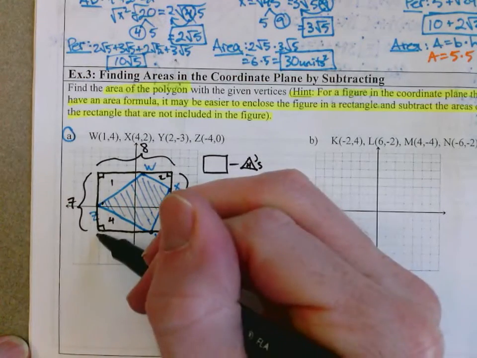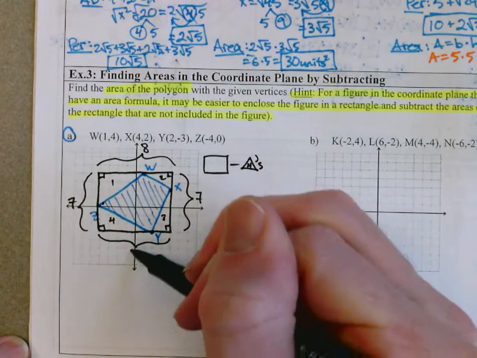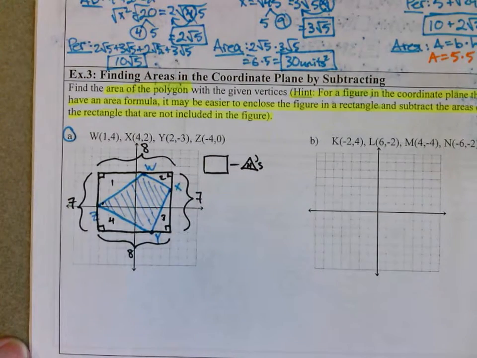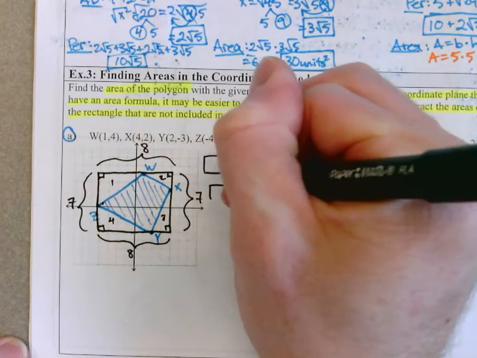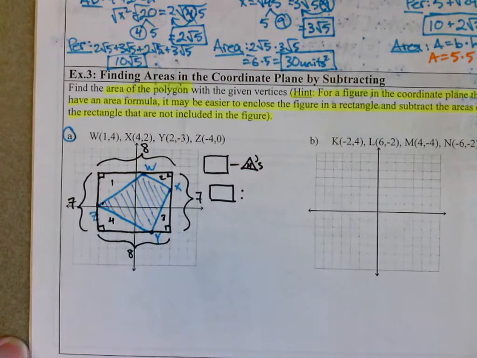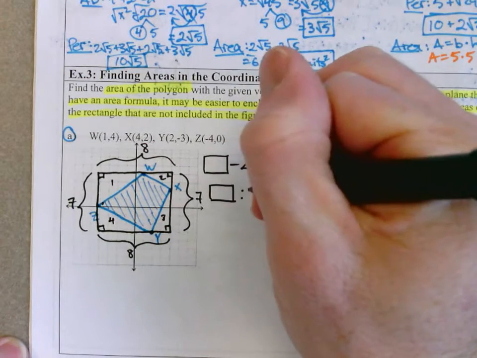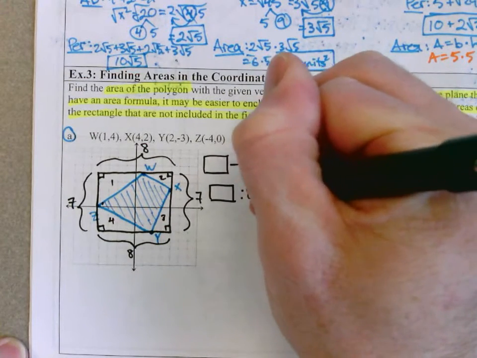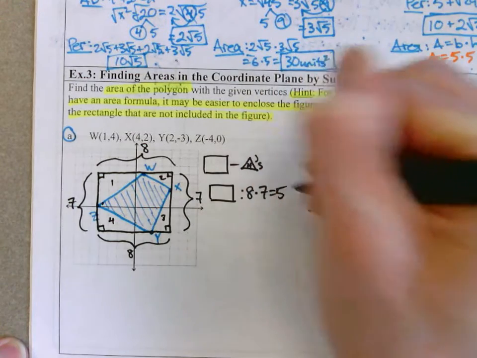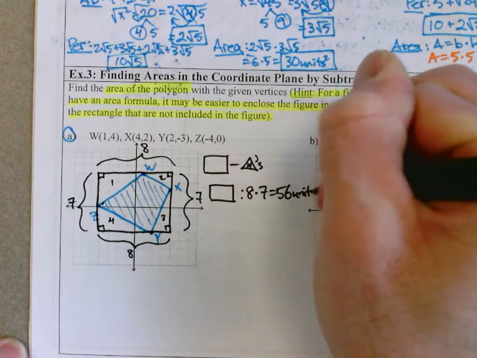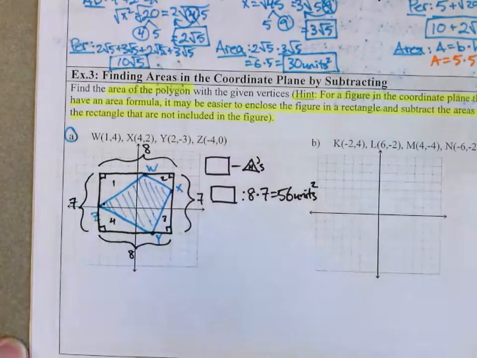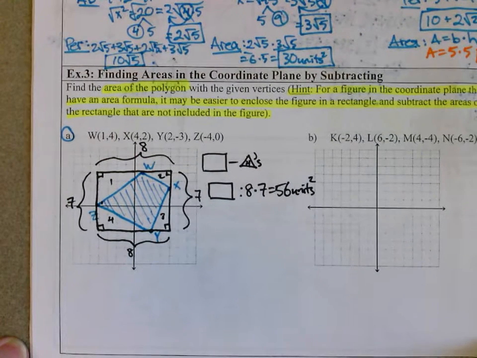Which means this side down here is also 8. Okay. That means I could get the area of my rectangle, and you'll notice how I'm keeping my work organized by using those shapes. Rectangle is base times height, so 8 times 7, which is 56 units squared. Now we need to tackle those triangles.